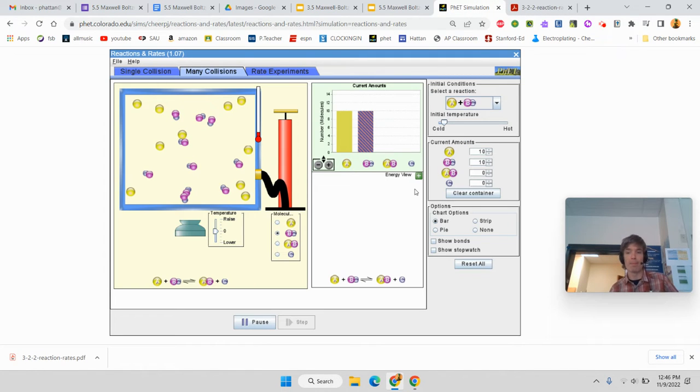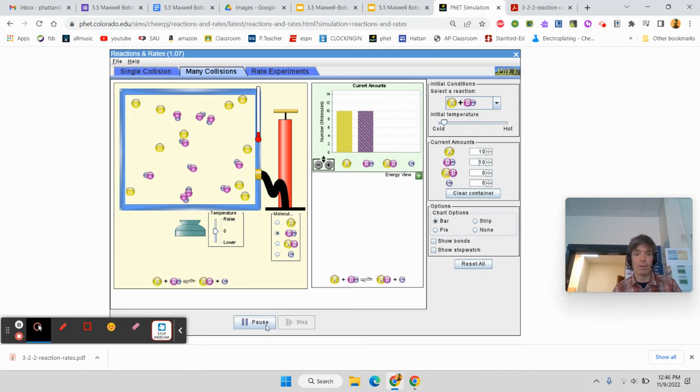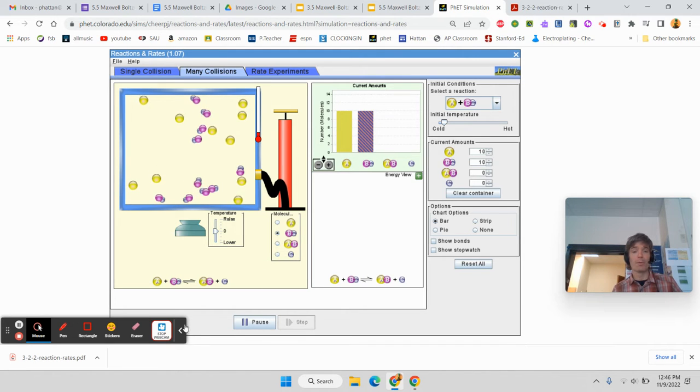We're going to show this with PhET. All right. Now, you can see these molecules are moving around. They're pretty cold, and it's a little laggy, but you can see that there's a reactant right there.